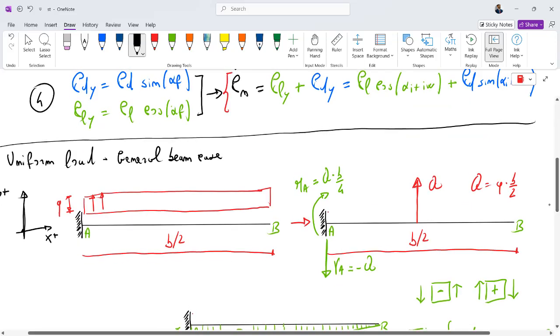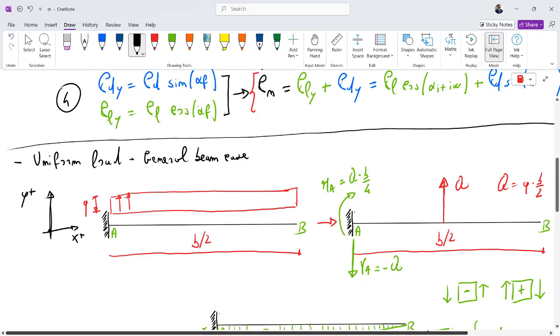So we move on to a general beam case. In this case we have a simple beam. Not think about a wing. How do we calculate the shear force diagram and bending moment diagram?